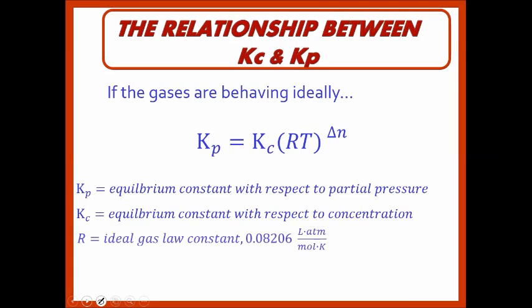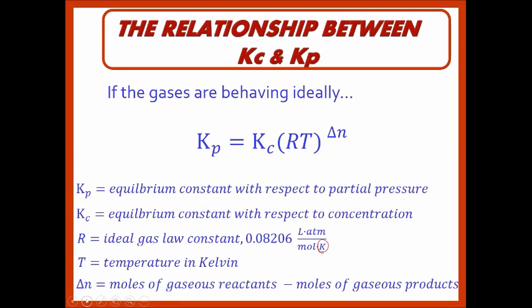Now R is going to be our ideal gas law constant, 0.08206 liters times atmospheres per mole times Kelvin. T is going to represent the temperature, and we need to have this temperature in Kelvin in order for it to cancel out with this unit right here in the ideal gas law constant. And delta N is going to be the moles of the gaseous reactants minus the moles of the gaseous products.